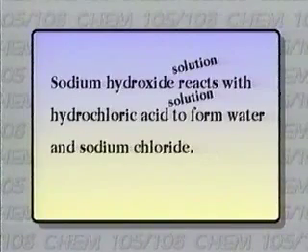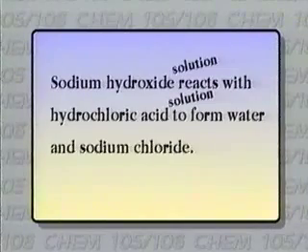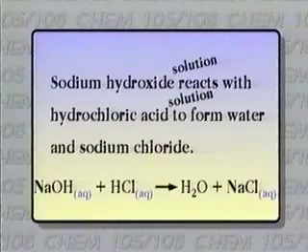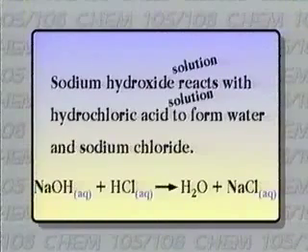Now, sodium hydroxide we just tested, and it conducted an electric current, meaning that actually sodium hydroxide, chemical formula NaOH, we'll write it first in molecular form, plus HCl aqueous, that's hydrochloric acid, then forms the products of water, H2O, and sodium chloride aqueous, solution of sodium chloride.